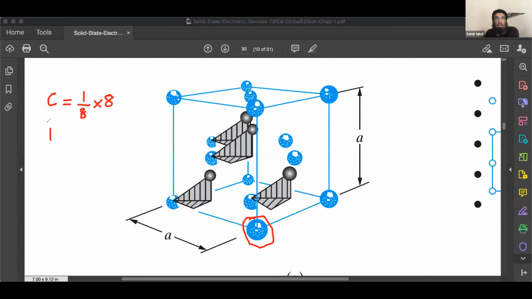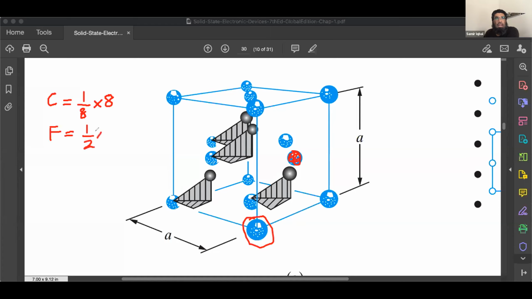Then let's see how many atoms are there on the faces and how much of them is being contributed. So this is at one face, right? And if I look at the sphere, how much of it is inside the volume? Half. All right, so one face is giving half.